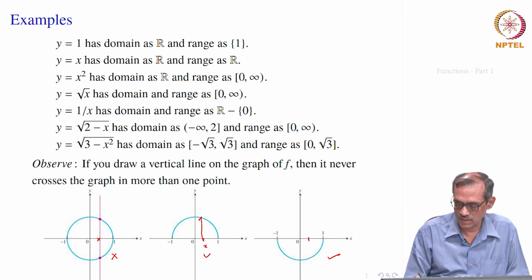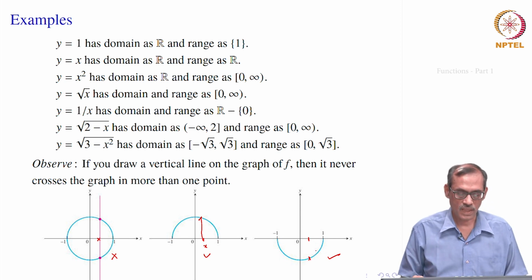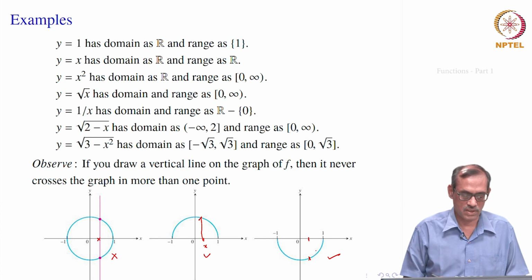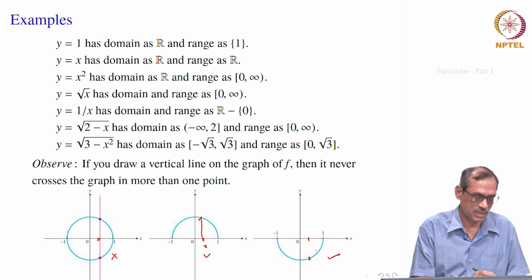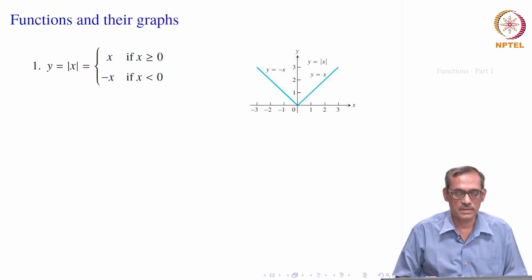If you take x here, you get a unique point here corresponding to that x. So, that is a mnemonic we can see, to find out which graphs really are possibly functions and which are not. Let us consider some more examples.